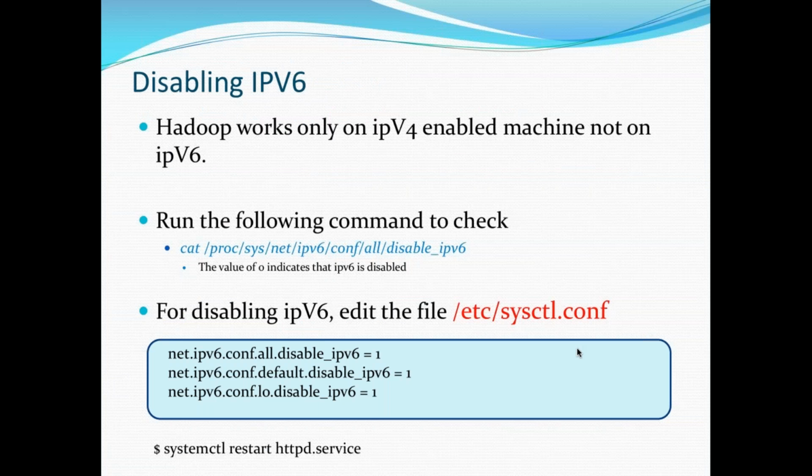And the second thing you need to understand is that you need to disable the IPv6. Hadoop works only with IPv4 enabled machines. It does not work with IPv6 till now. So if it is running, you have to disable that. But right now, you don't have to worry because most of the OS will have IPv6 disabled. In case, you can run this command to check.